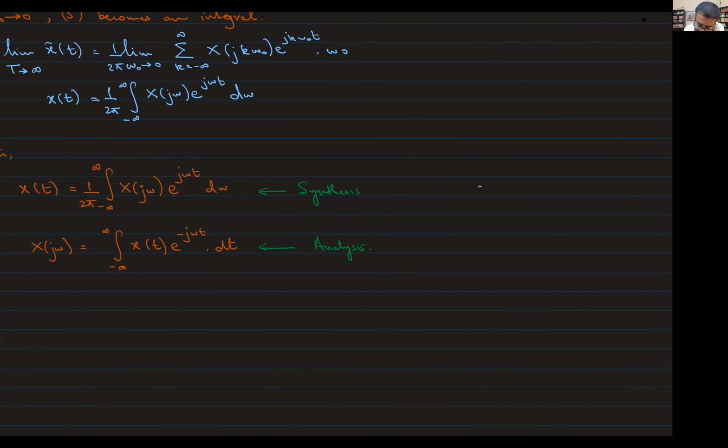We say कि let's say there's a periodic signal x tilde of t, that is equal to summation a_k e raised to power j k omega naught t, where this a_k was equal to 1 upon T integral over capital T of what? x of t e raised to power minus j omega t dt. Now, can you try to make a connection of x of t with x tilde of t?